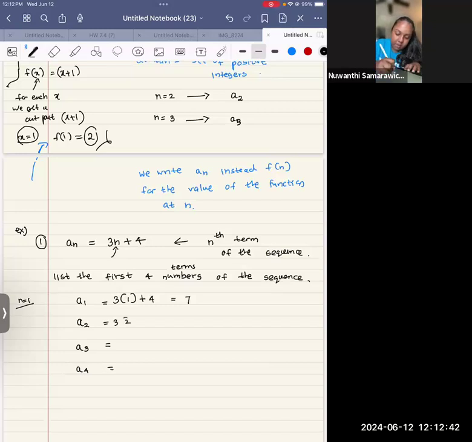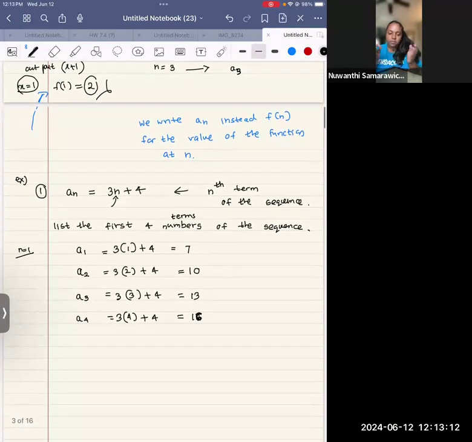So 3 multiplied by 2 plus 4, you will get 10. 3 multiplied by 3 plus 4, you get 13. 3 multiplied by 4 plus 4, you get 17. Sorry, it's 16, right? 16. Okay, so these are the first 4 terms of the sequence.